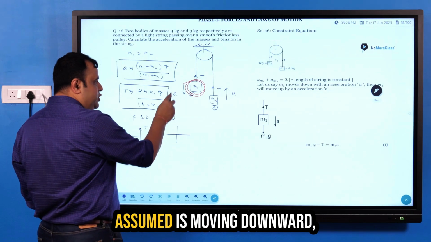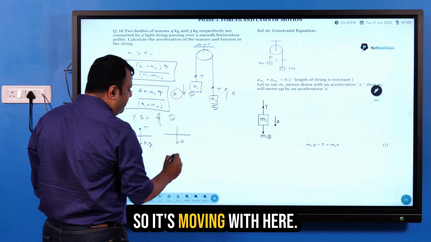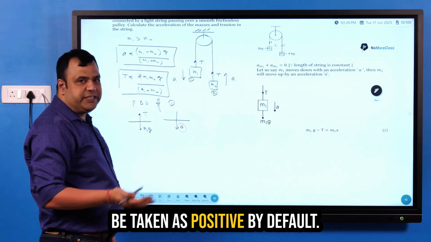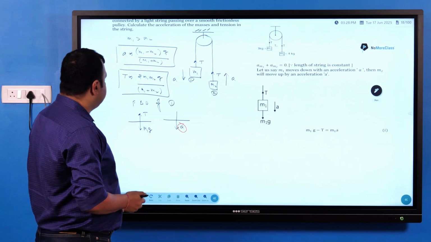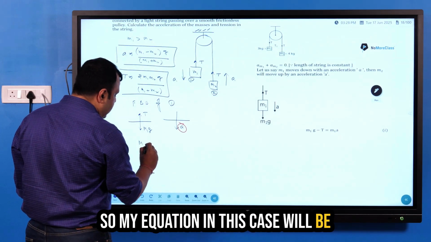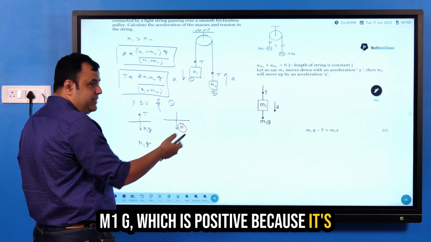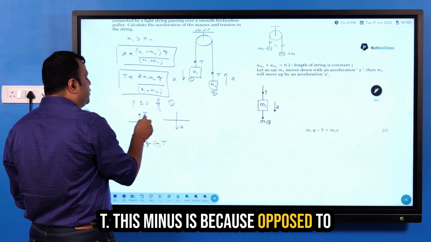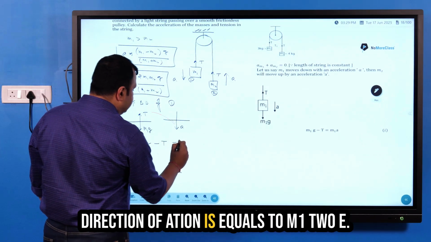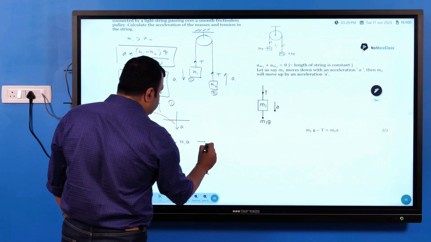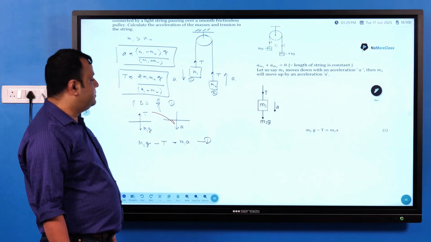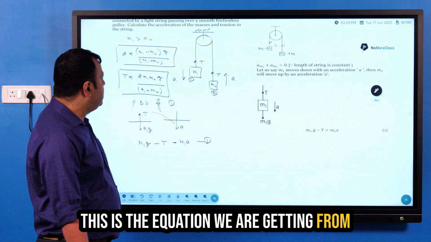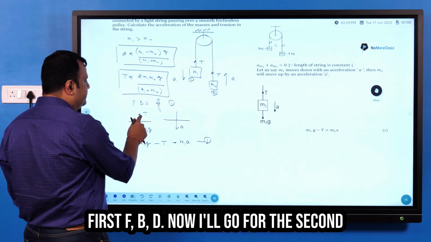This whole system I have assumed is moving downward, so it's moving with A. So the direction of acceleration will be taken as positive by default. So my equation in this case will be M1G, which is positive because it's in the direction of acceleration, minus T, this minus is because it is opposite to the direction of acceleration, is equal to M1 into A. This is the equation we are getting from the first FBD.